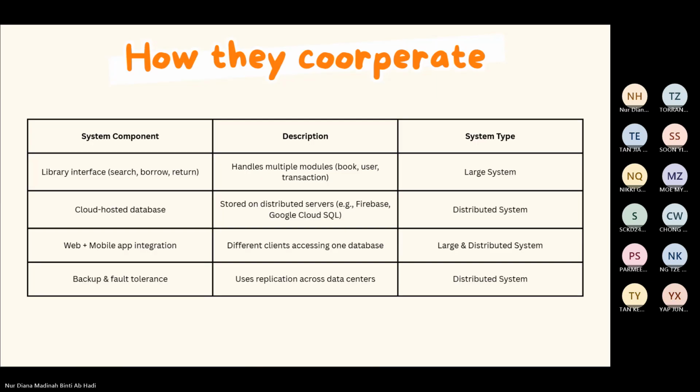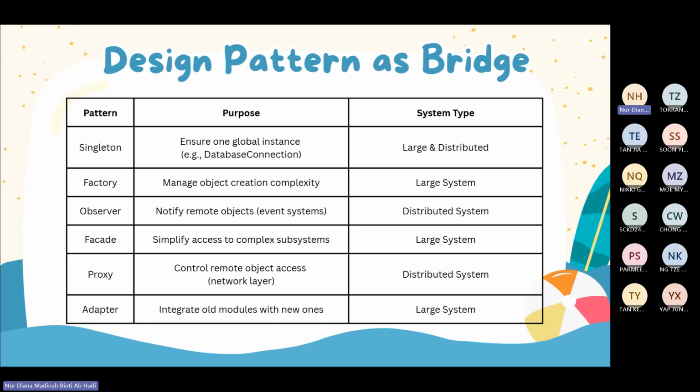The last one is about design patterns as a bridge. As we all know, for us to use object-oriented inside your large system, your distributed system, we need to have something that acts as a bridge. As you already learned, we have your singleton, which ensures one global instance.